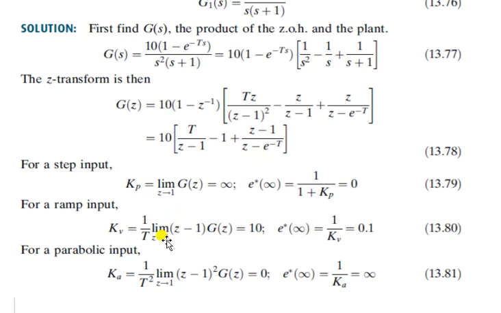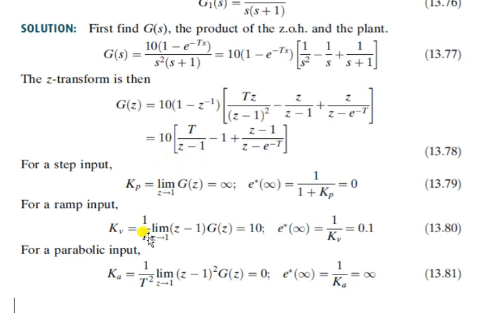If you put the value of z equal to 1, 1 minus 1 will be 0, so this term will be 0. Similarly for T minus z minus 1, putting the value for z, that will again become 0. So this part will be 10T divided by z minus 1.